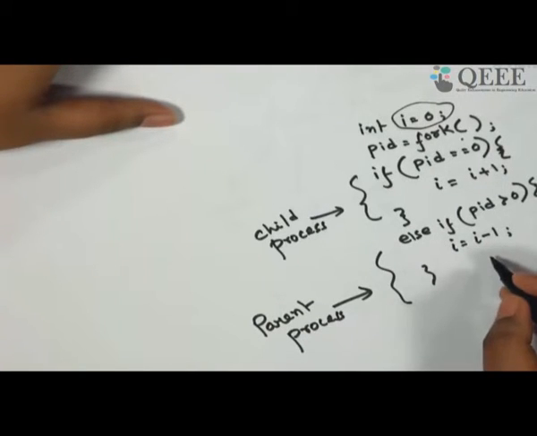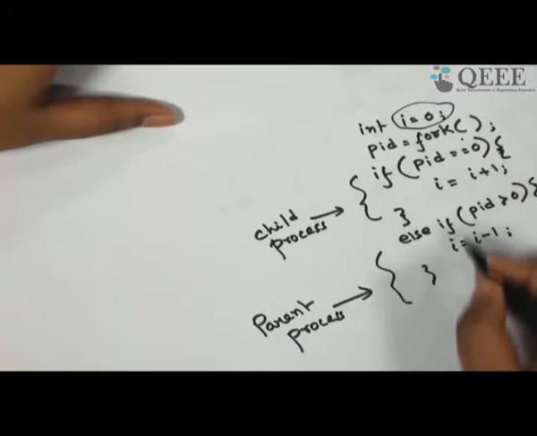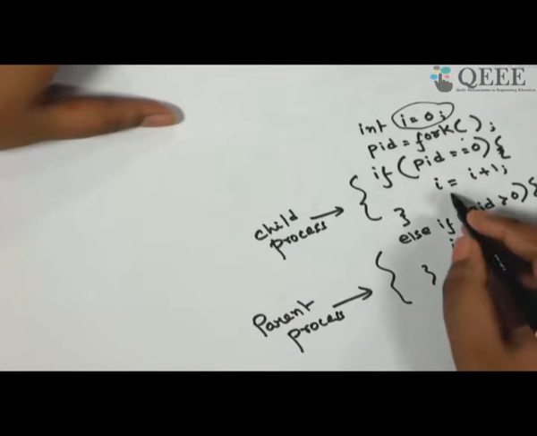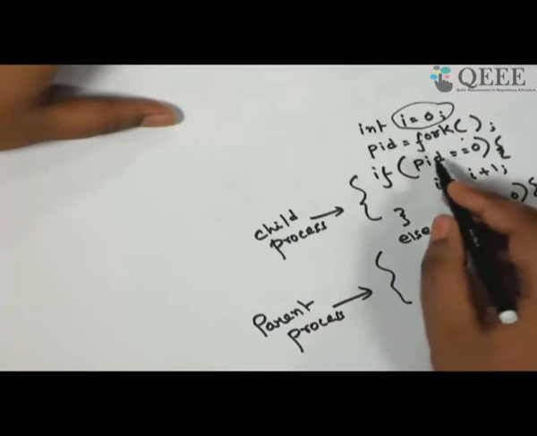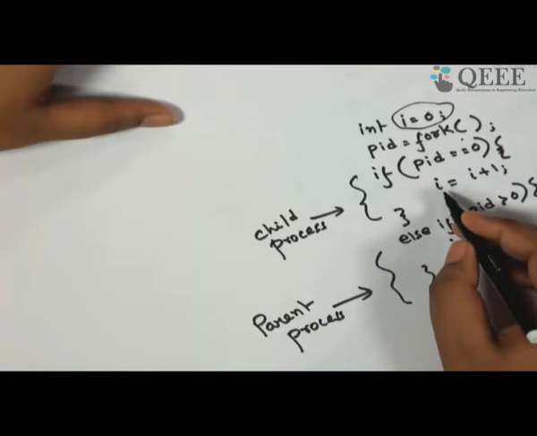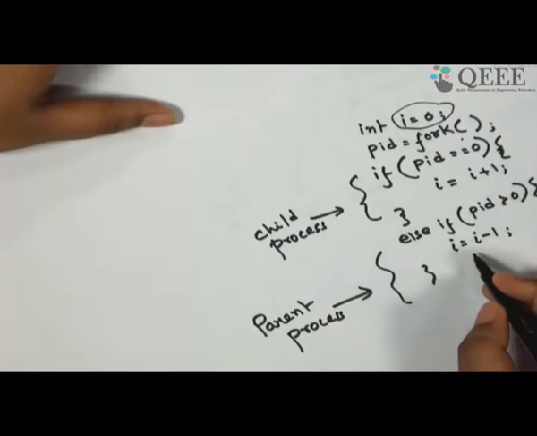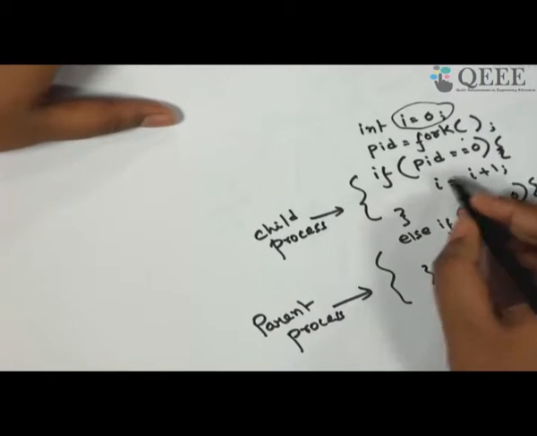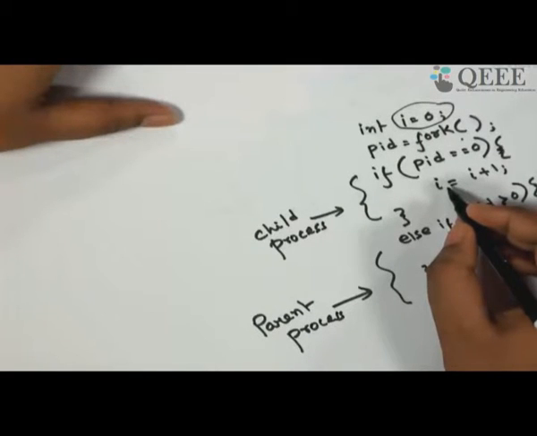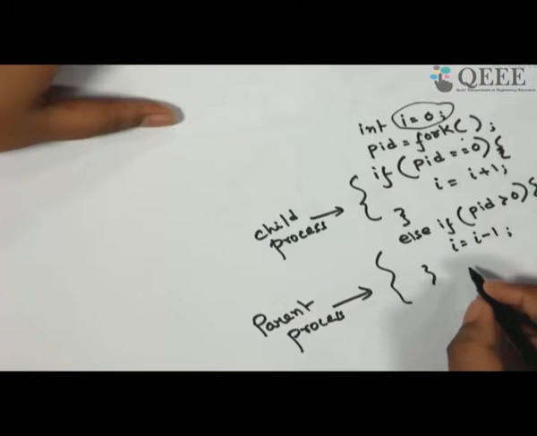So do not assume that the parent process and the child process are working on the same copy of the variable i. The child process will independently increase the variable, and the parent process will independently decrease the variable. So if you make a printf statement inside the child process, you will see that the value of i is equal to 1, and if you make a printf statement inside the parent process, you will see that the value of i is equal to minus 1. So they are basically independent.